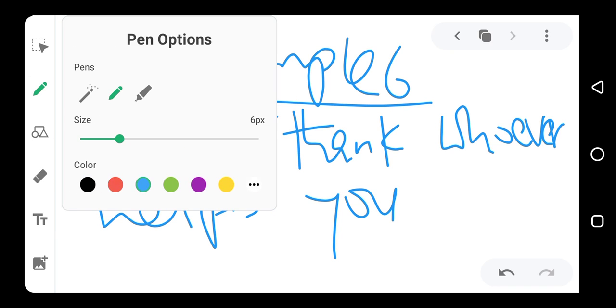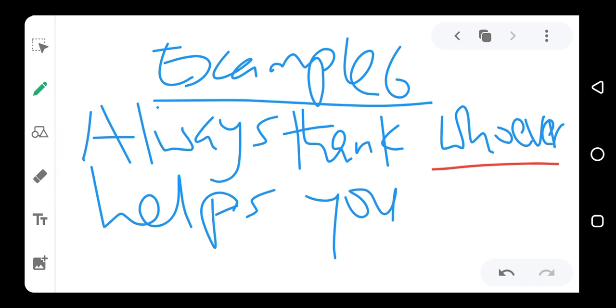If you mark off this part of the sentence, whoever helps you, and you are asked to identify it, it is being introduced by whoever, which is part of the noun clause markers. We begin to suspect a noun clause.